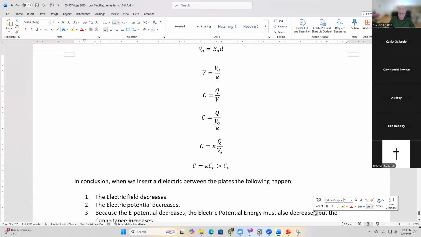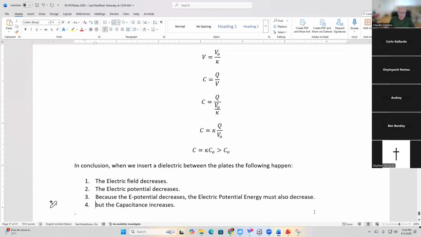right? But the capacitance increases. The capacitance increases because it is inversely proportional to the electric potential.